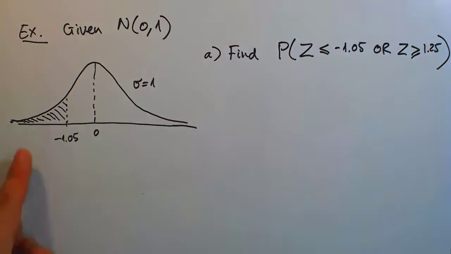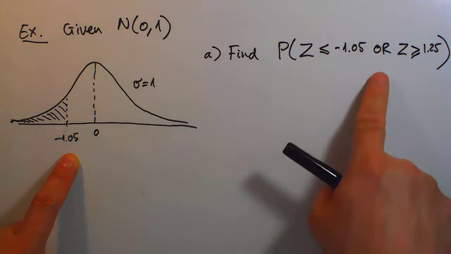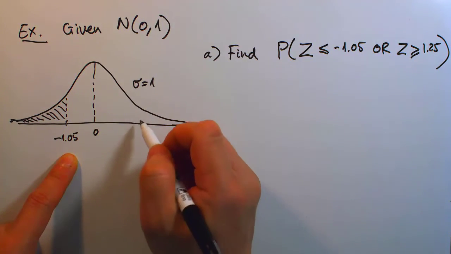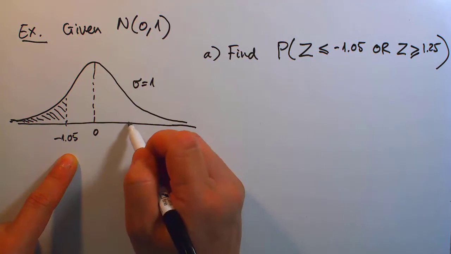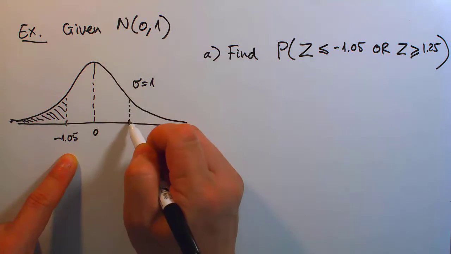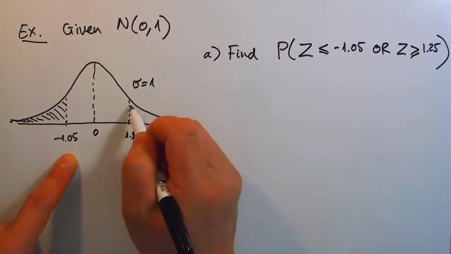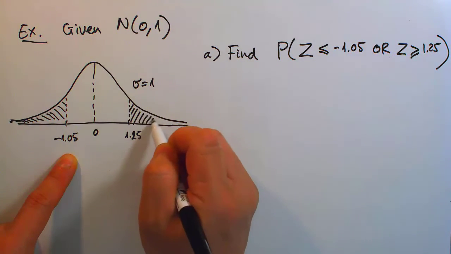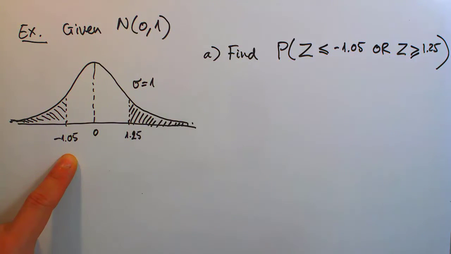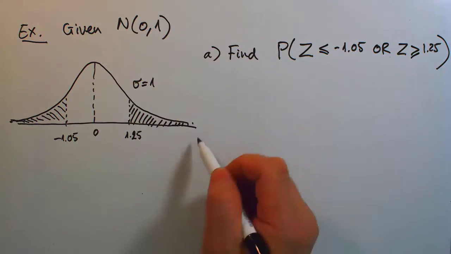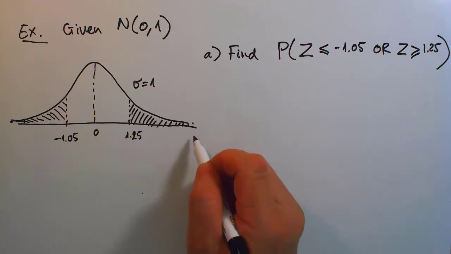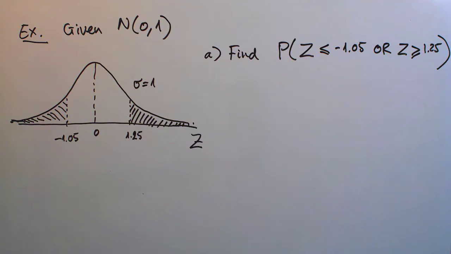We're looking for less than or equal to negative 1.05. But on the other hand, we're looking for above, meaning we're expanding our possibility to include as well those values to the right-hand side of 1.25. And of course these are all the z-scores or z-values on this bell curve right here.